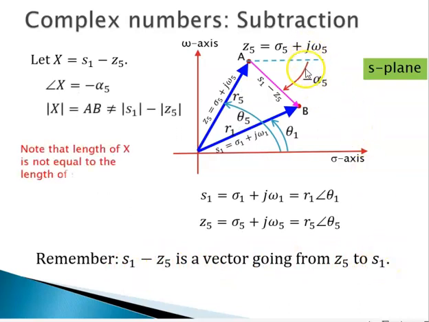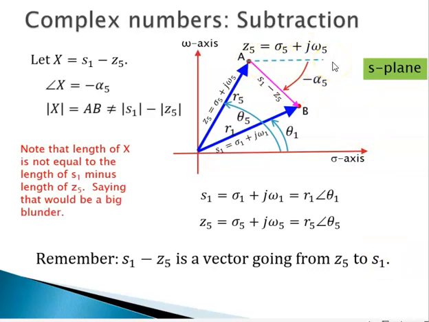Its angle is minus alpha 5 with the real axis. In this context, it would be good to remember that the length of this vector AB is not equal to magnitude of s1 minus magnitude of z5. If you do that, it would be a total blunder.